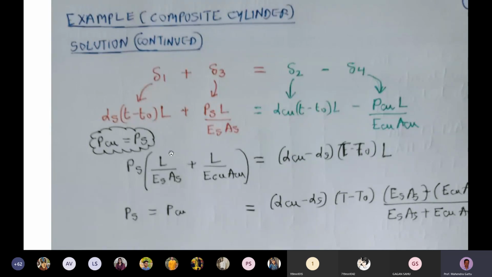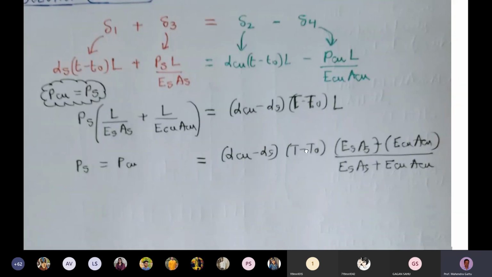We simplify by cancelling out the L term, and we have EA copper plus EA steel in the numerator, and EA steel times EA copper in the denominator. Sending that to the right-hand side, the axial force in steel, equal to the axial force in copper, is (alpha C minus alpha S)(T minus T naught) times EA steel EA copper divided by (EA steel plus EA copper).